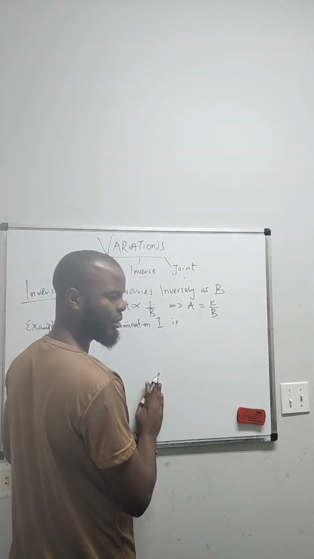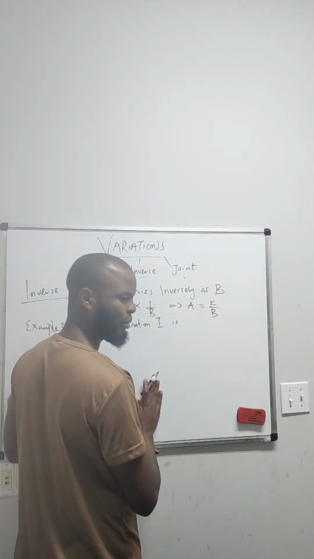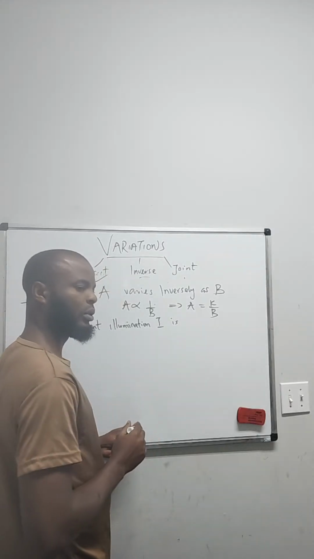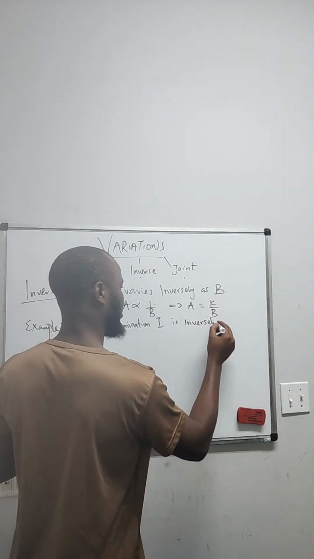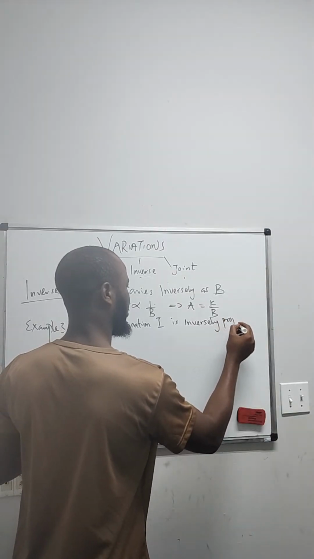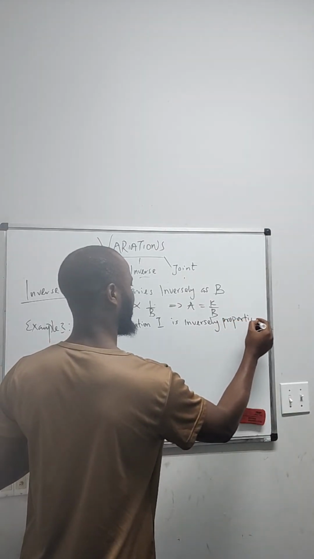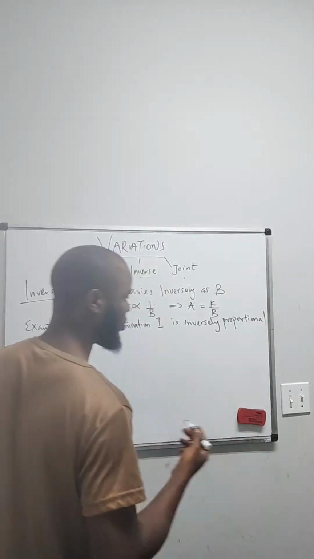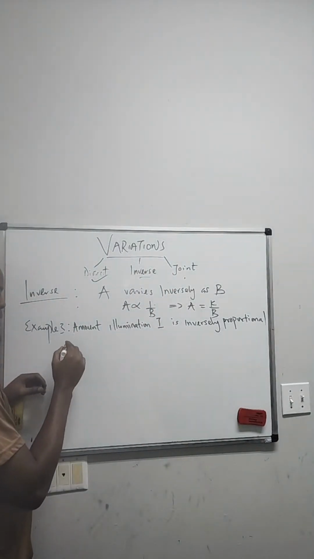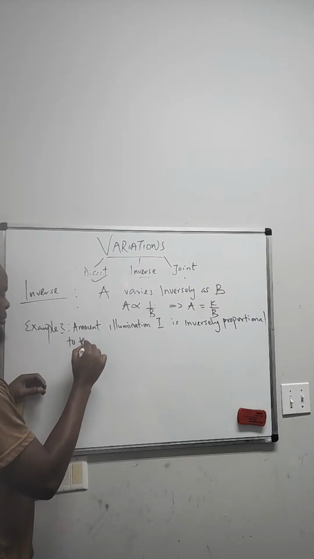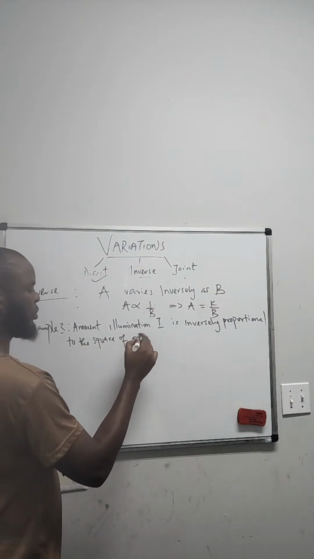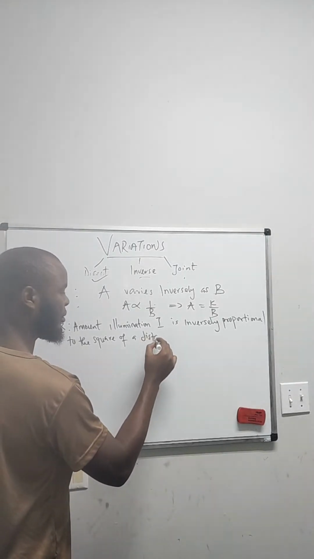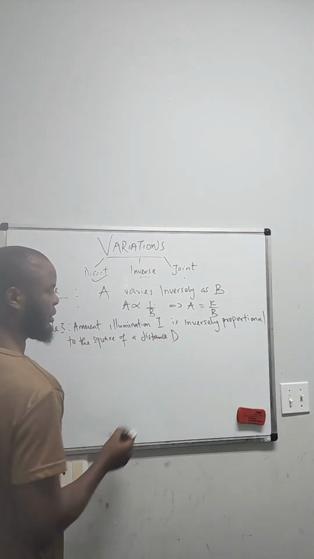Is it proportional? That's going to be direct proportion. It's inversely proportional. If you just say proportional... Sometimes we have square root, sometimes we have square. Proportional to the square of the distance d. Of the distance? D. Okay, good.